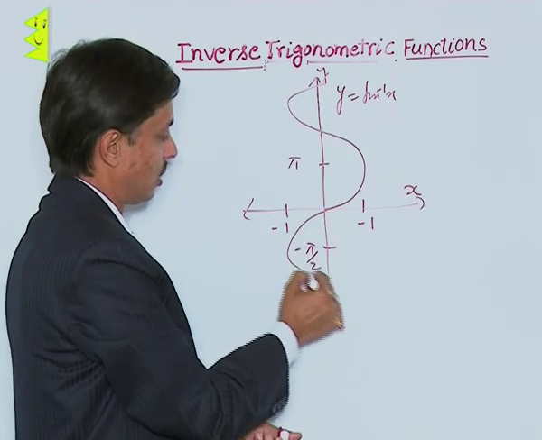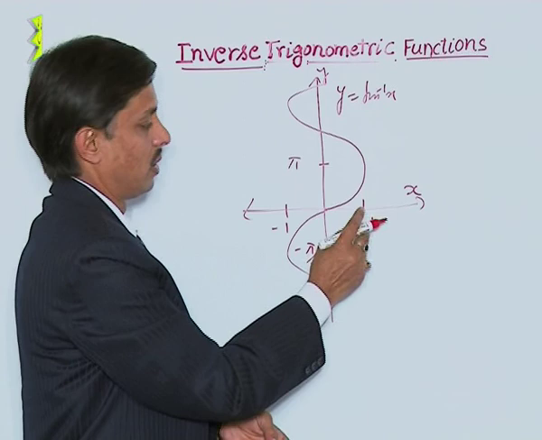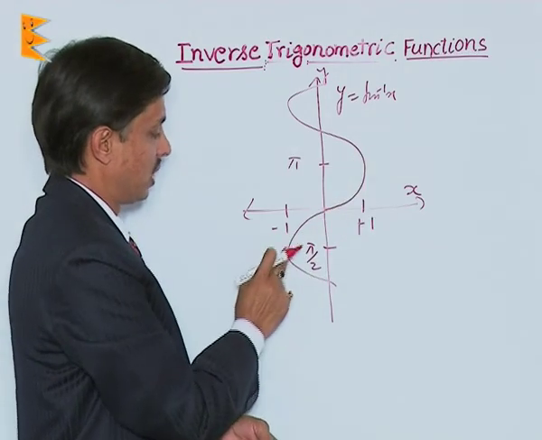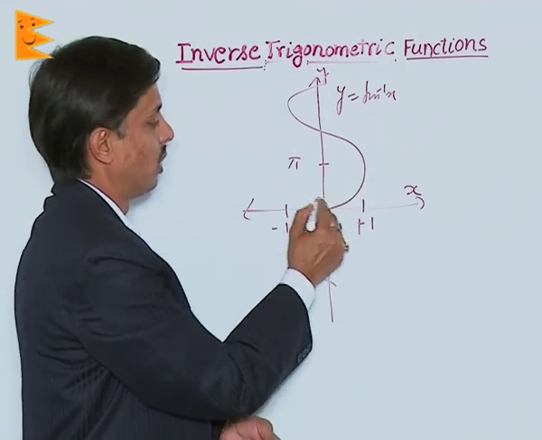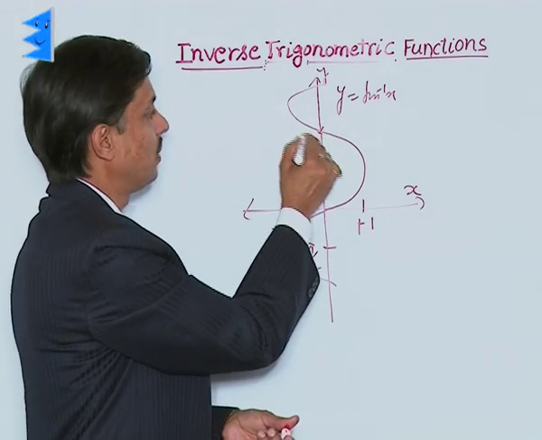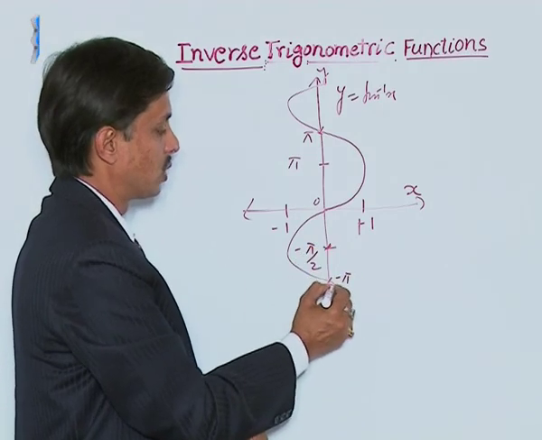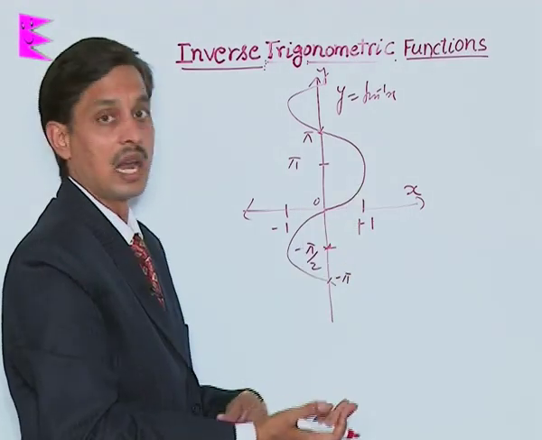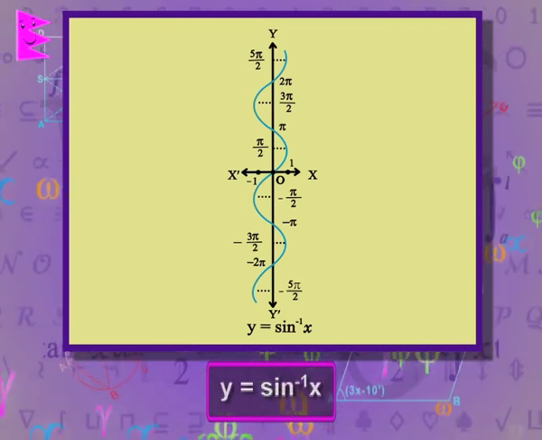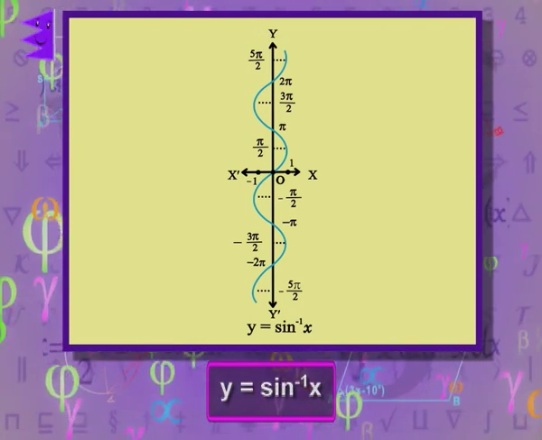This will go like this. So you are observing that at 1 it is pi by 2, at minus 1 it is minus pi by 2, at 0 it is 0. And then at 0 it is pi, and at 0 it is minus pi also. So similarly the graph is approximately the same shape, just the axes are interchanged.